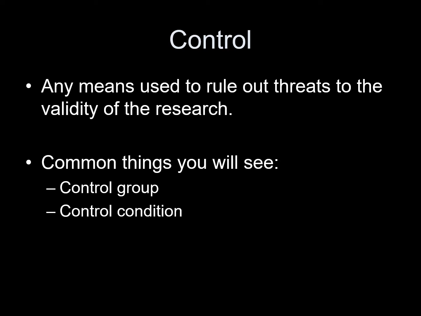Okay, now the control group is obviously when there is another group, which you might call the treatment group or the experimental group. So that will be the group that gets the actual intended treatment.